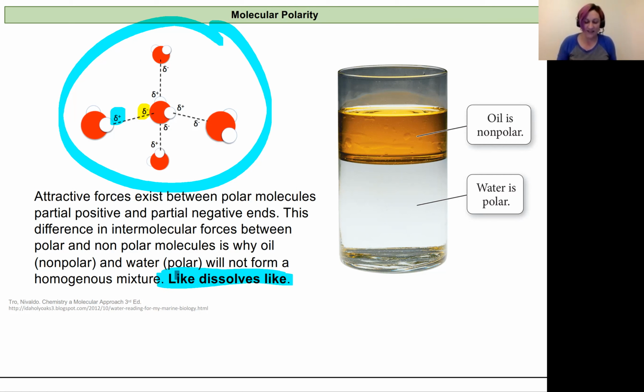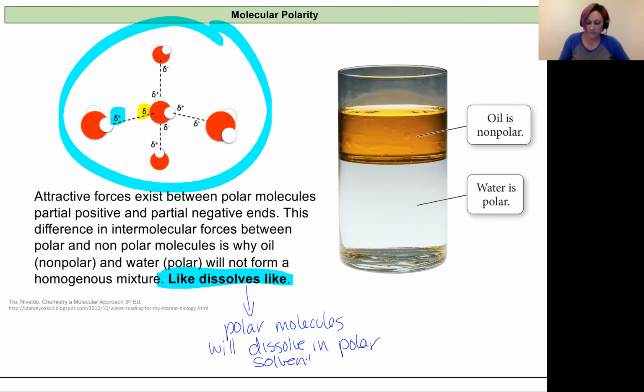And we get this idea that like dissolves like, which really just means that polar molecules will dissolve in polar solvents. And it means that nonpolar molecules will dissolve in nonpolar solvents.